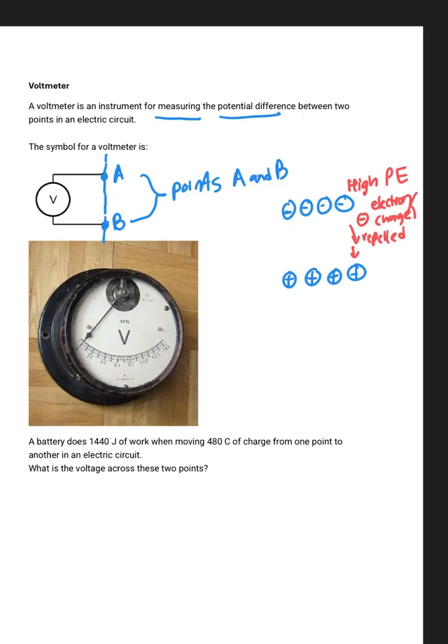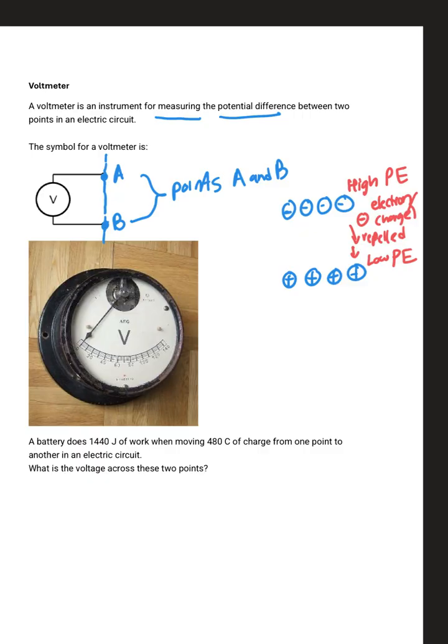Once it reaches a point where it is now resting near the positive charges, it is now at a low potential energy. So this section is going to be its lowest point. So it is at a low potential energy when it is near the positive charge, and when it is near the negative charge, it is at a high potential energy.